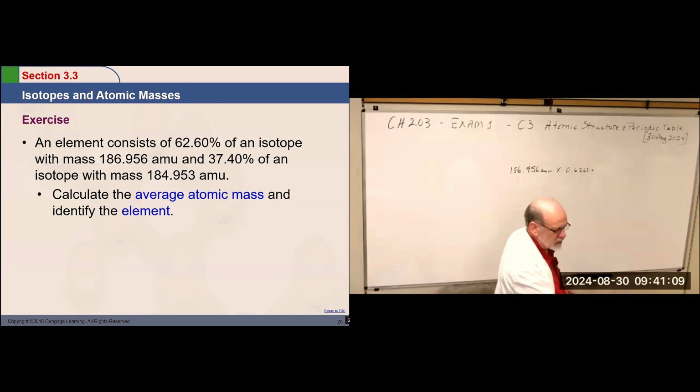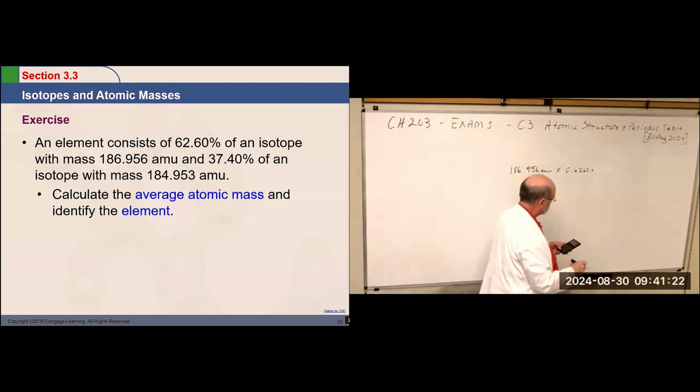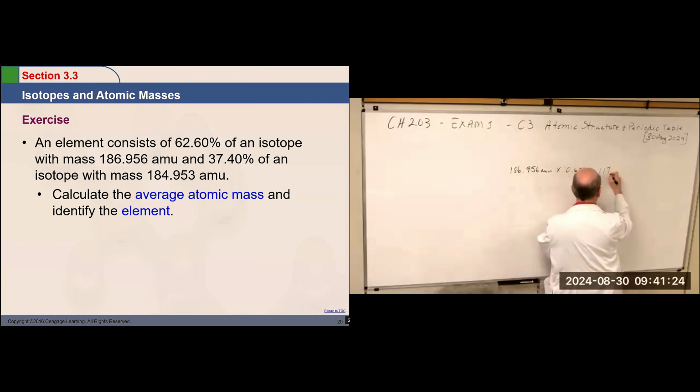So what's its contribution to the average atomic mass? 186.956 times 0.6260. So its contribution is this much atomic mass units.